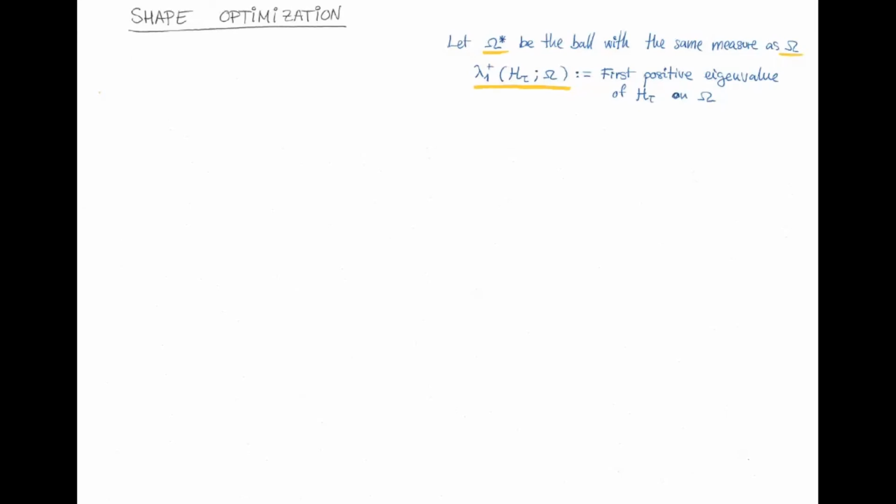Okay, so now if I plot these eigenvalue curves, the one for the ball that I already showed you before, because you can have it explicitly, does something like this and converges to the first Dirichlet eigenvalue of the Laplacian in the ball. And then you want to plot the eigenvalue curve for the general domain omega.